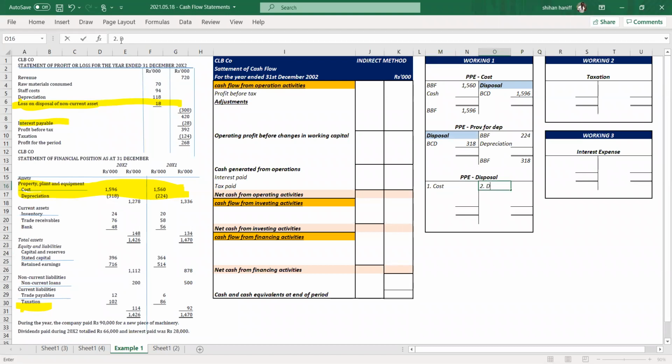Number two, transfer the depreciation. Number three, you need the cash amount. Number four, they have given the loss. Loss is given. So loss comes to the credit side. The difference will be cash. Cash is not given. So we need to identify what is the value of cash.